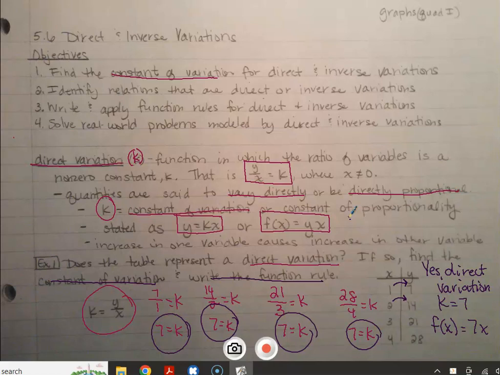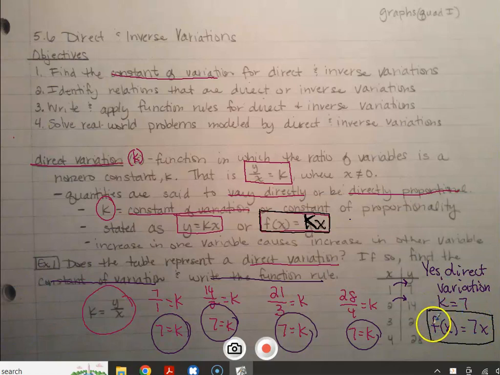I want to go back here. I noticed this earlier and I kept talking. Let's go back to this equation up here where I have f of x equals y times x. There should be a k. I noticed it after I wrote it and started solving, but didn't go back. So it should be f of x equals k times x, which is exactly what we used here.